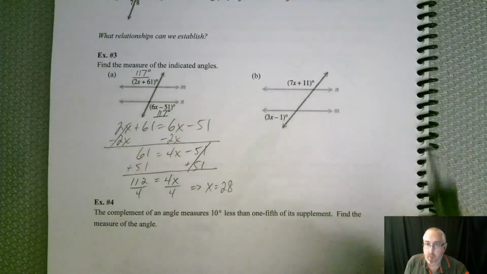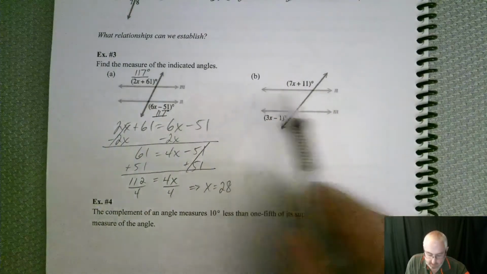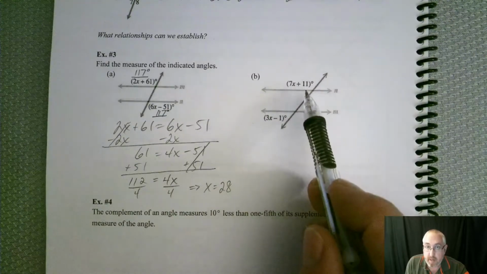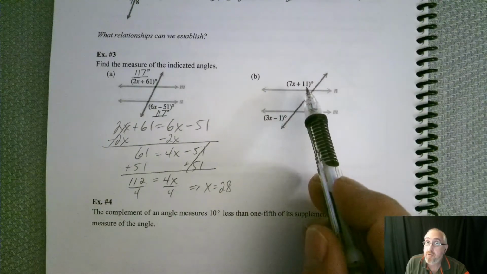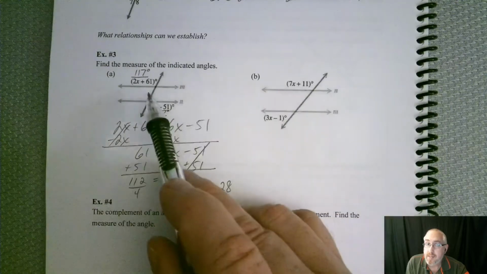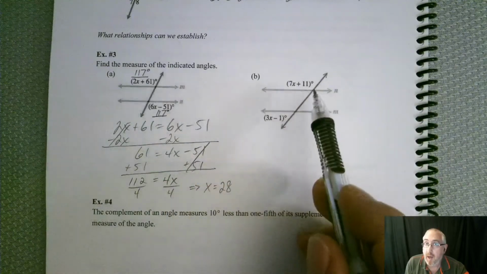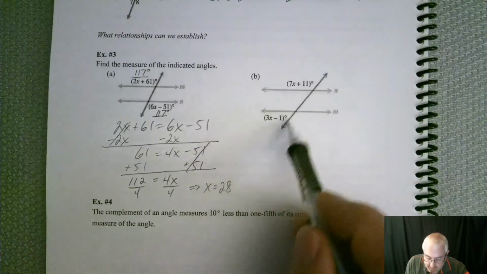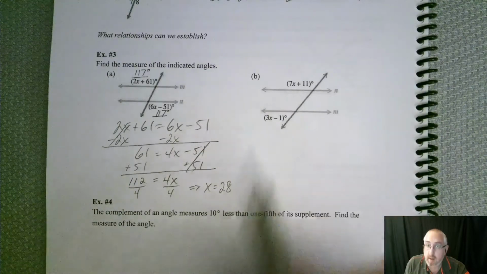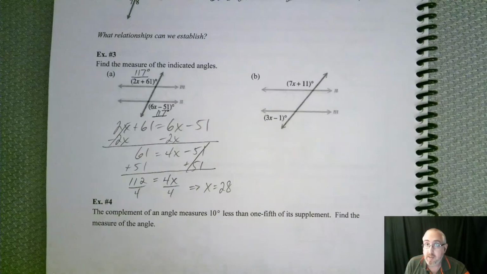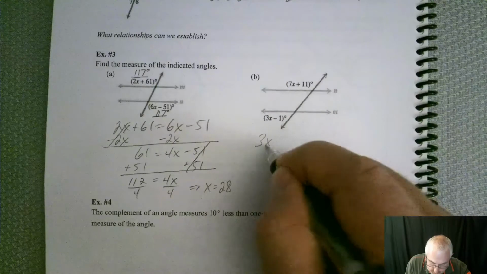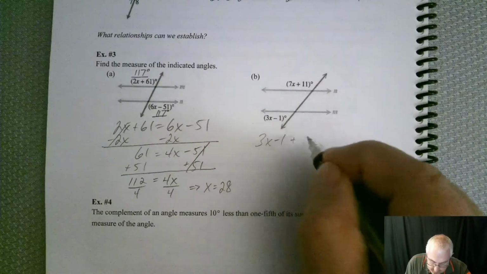All right, what about this one? Again, you have your parallel lines and your transversal. This angle up here is acute or obtuse? Well, it's in the same spot as this one, so it better be obtuse. This one, though, you can see is definitely smaller than 90 degrees, so that one's acute. So now we have to add these.